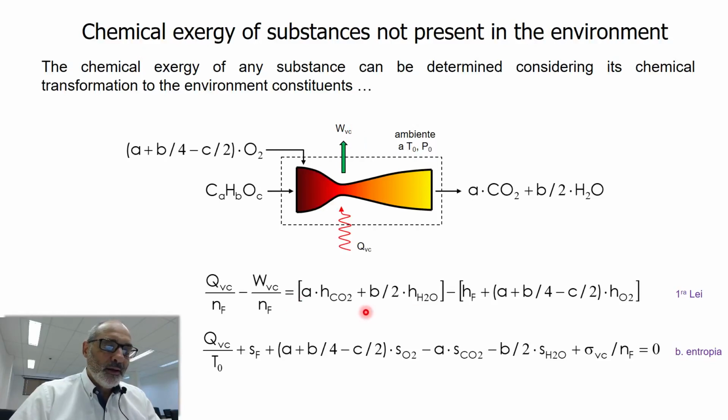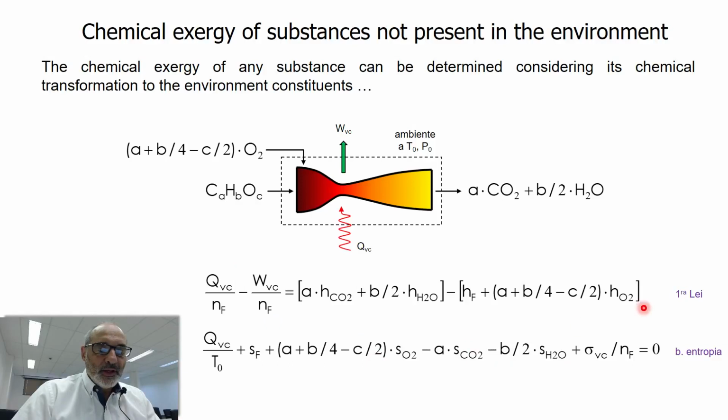So this is equal, according to the first law, to the enthalpy variation, products minus reagents. So I have A times CO2 enthalpy, plus B divided by 2 times the enthalpy of H2O, minus the fuel's enthalpy plus oxygen's enthalpy, HO2, times the amount of oxygen entering the control volume.